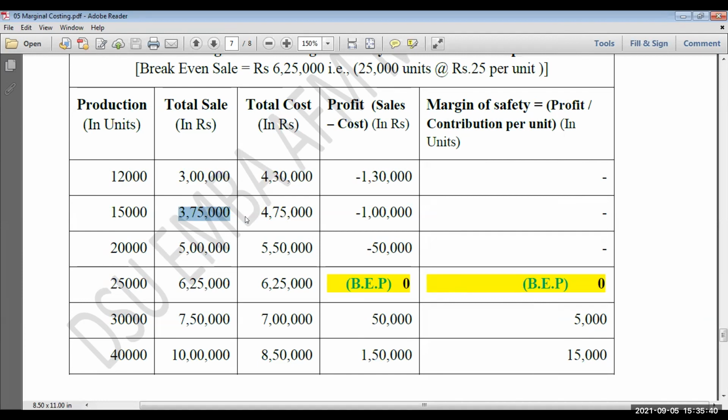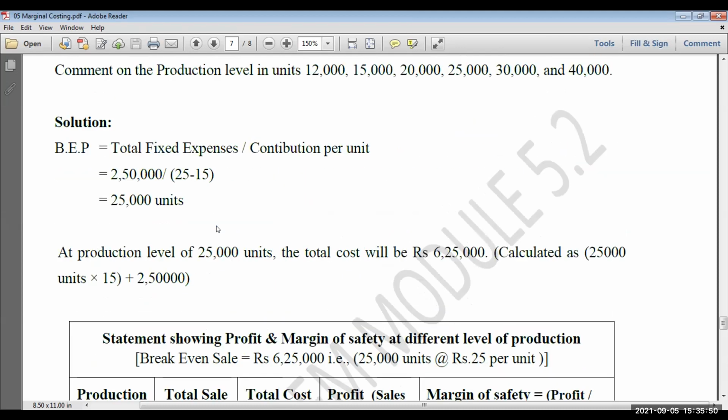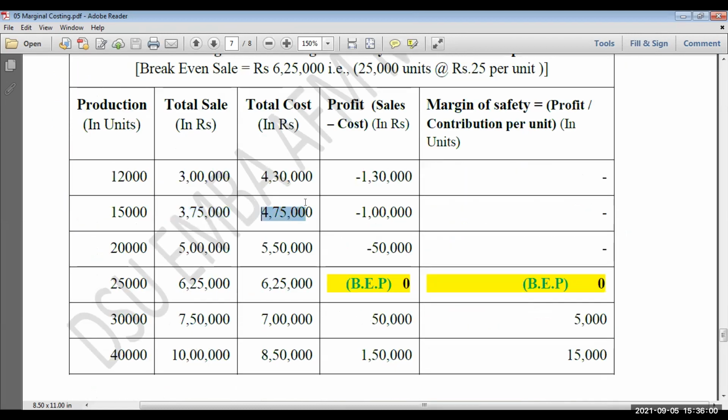Then again to calculate the cost, 15,000 multiplied by 15 rupees plus the fixed cost of 2,50,000. Are you getting 4,75,000? Yeah, 4,75,000. Similarly, you minus this 4,75,000 as a cost from the revenue, 3,75,000. Again, you are getting a loss of 1,00,000 rupees.